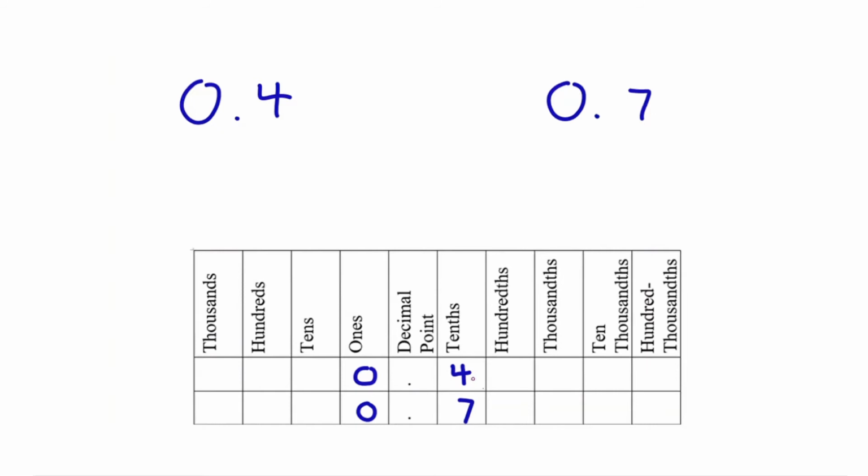Now, in the tenths place, one of these numbers is larger than the other. The 7 is larger than the 4. So when we look at this, we can tell that 4 is less than 7, because in the tenths place, the 4 is less than the 7.